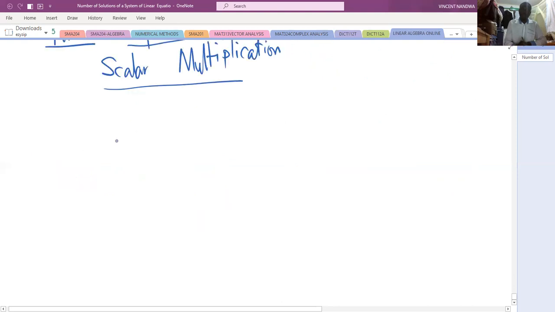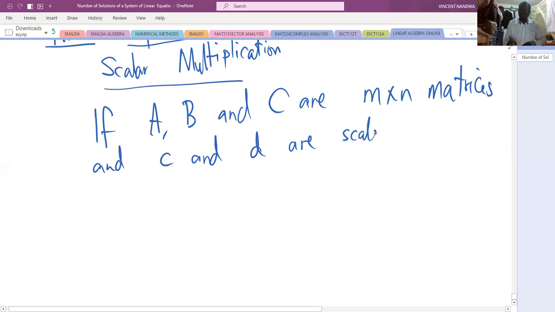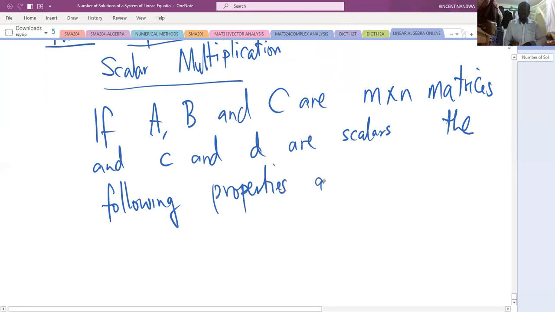So one, if A, B, and C are M by N matrices, and C and D are scalars, the following properties are true.